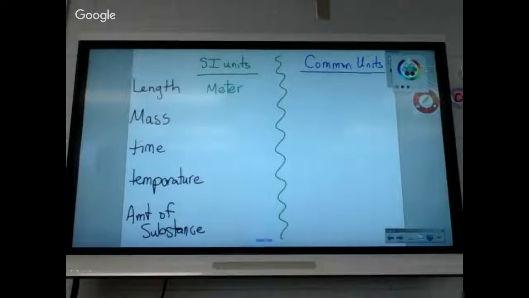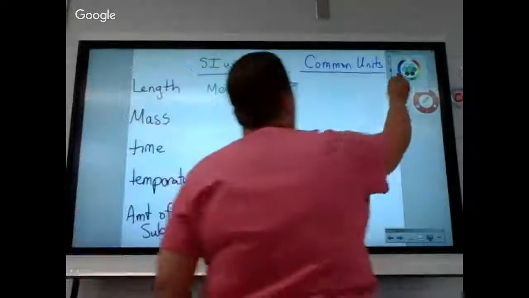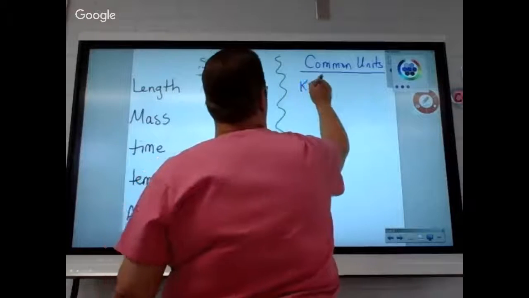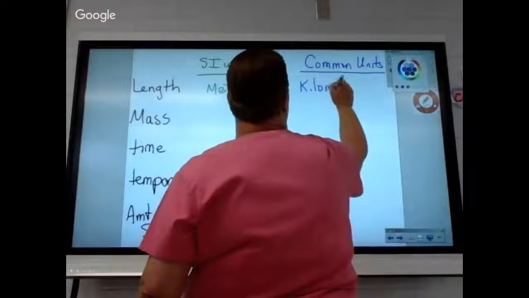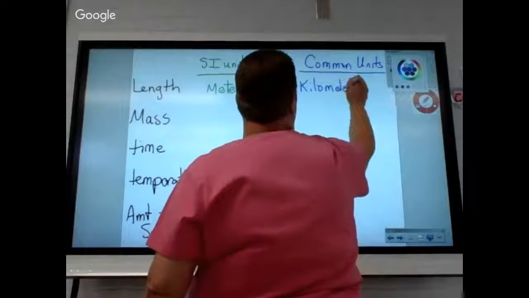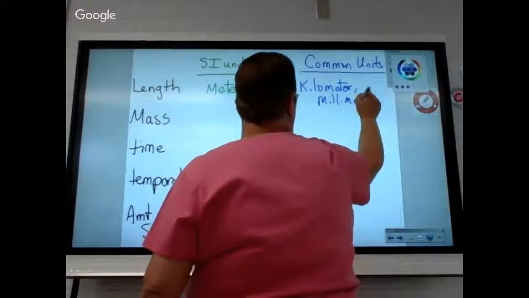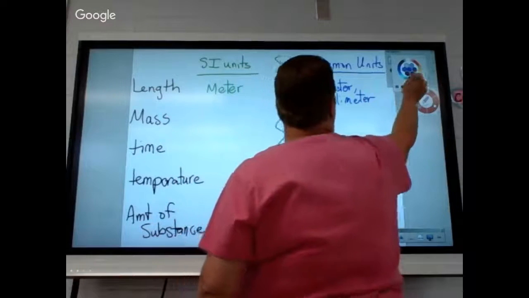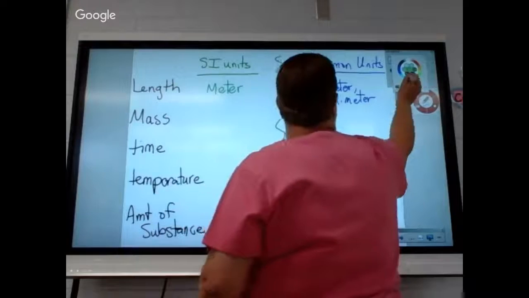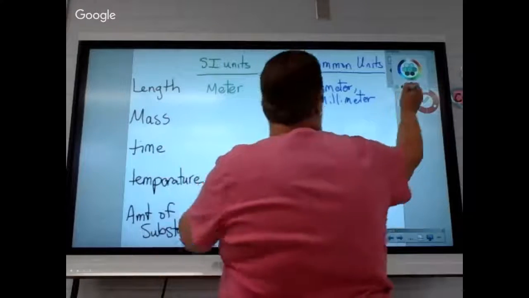Don't go English. Stick with a meter. It would be bigger than a meter. All right, so kilometer. All right, now go smaller than the meter.